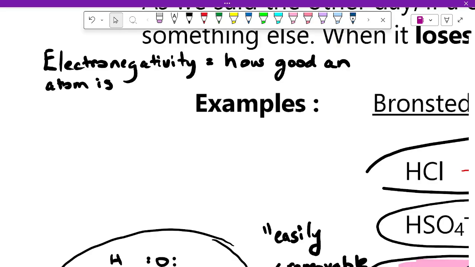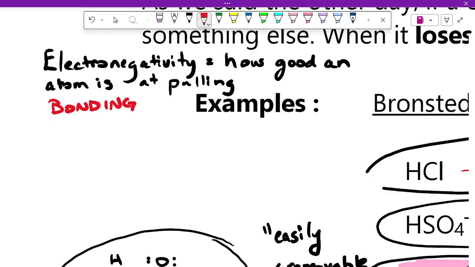In theory, you did it in grade 11. It is how good an atom is at pulling bonding electrons towards itself.